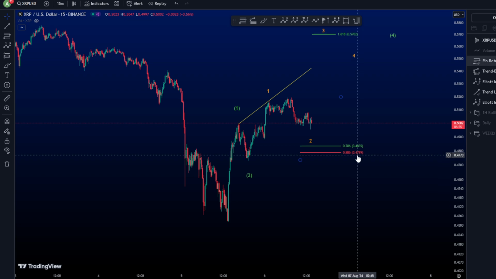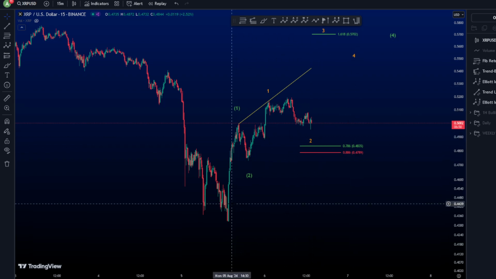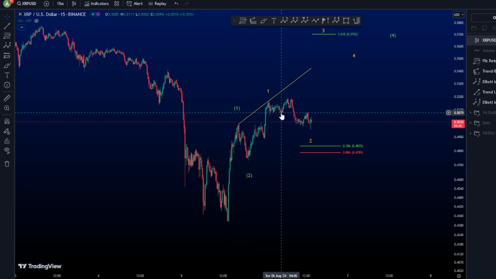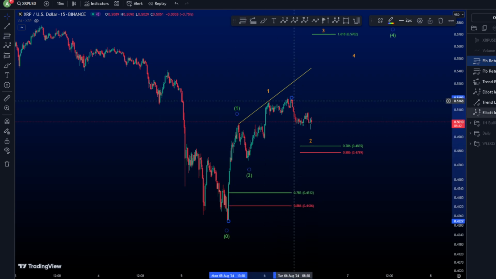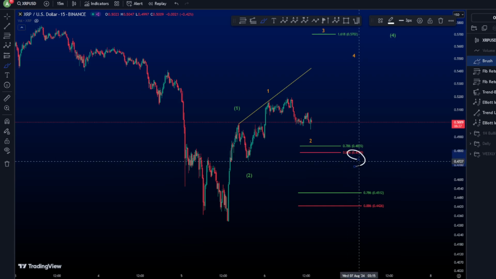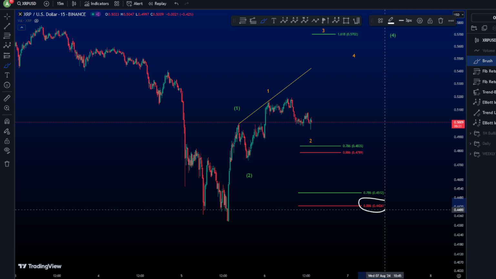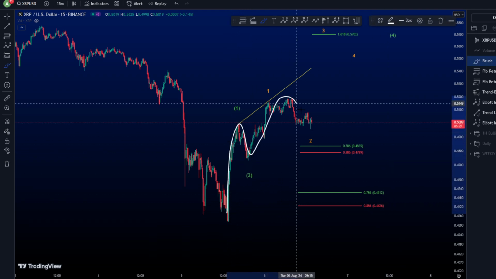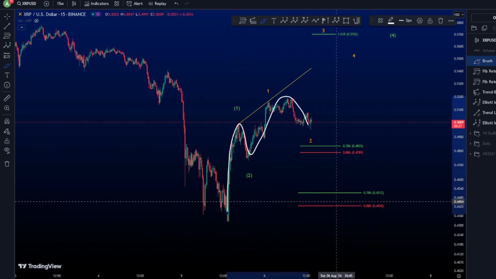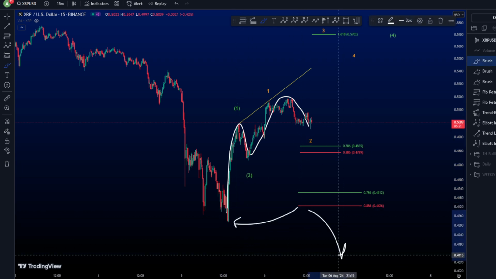Once we reach this price, it invalidates the orange scenario. 1, 2, 3, 4, 5 might be a hope, of course. So at 0.47, it invalidates the orange scenario. At 0.44, it invalidates both scenarios. And then, if we touch this price, we are expecting it to take the low again and even go for lower prices.